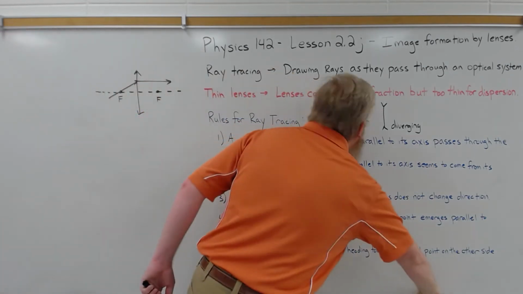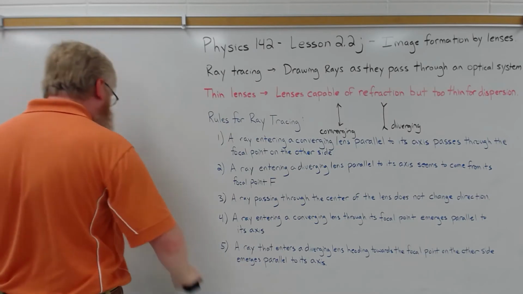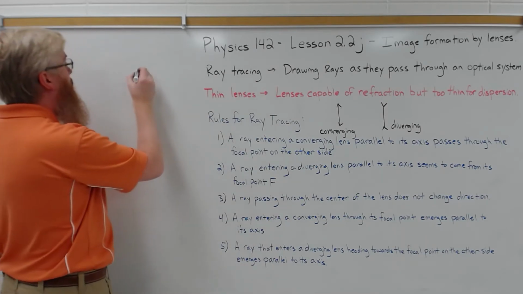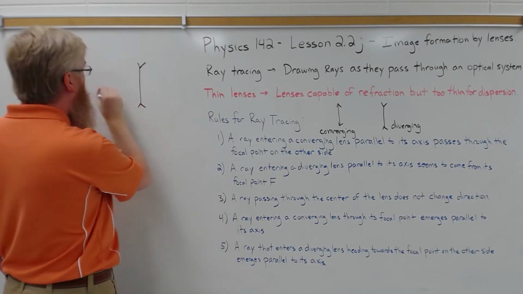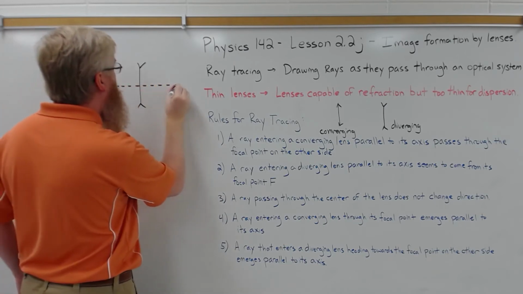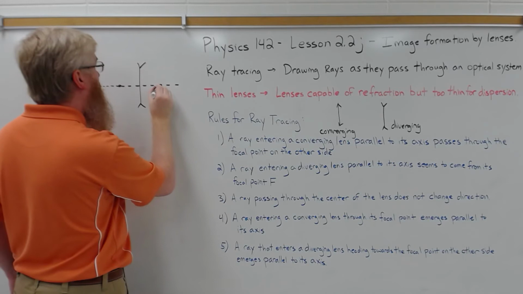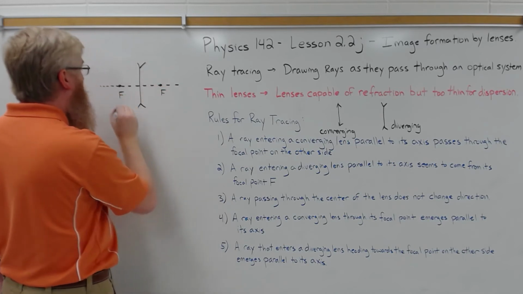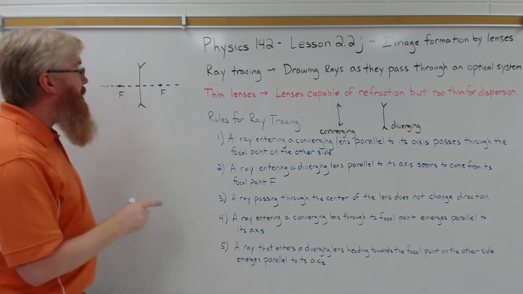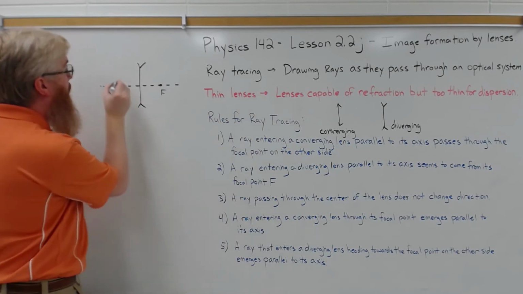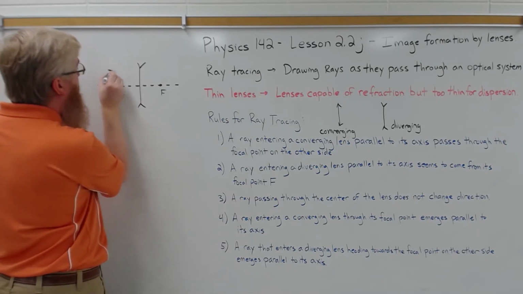And rule number 5 says a diverging lens. So we'll draw a diverging lens. Optical axis, focal points. If a ray enters a diverging lens heading towards the focal point on the other side, it emerges parallel. So here a ray is coming in.